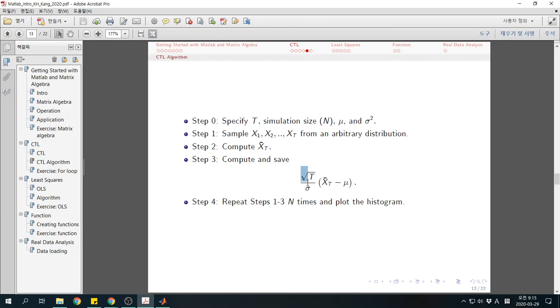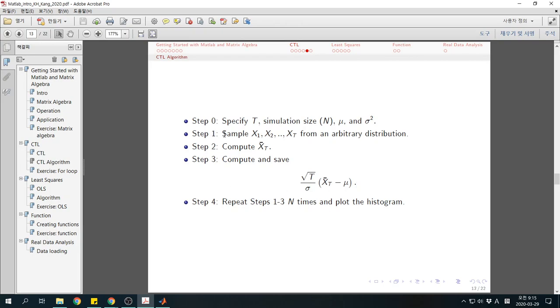Then we can compute this. So at this step, we have capital T random variables and we compute their sample average. This is capital T, and this is a scalar, just 1 by 1.